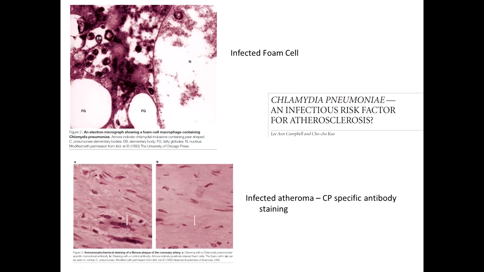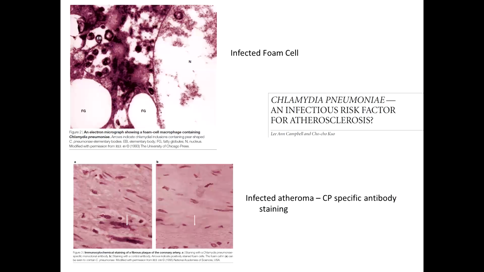Okay, so here you can actually see a foam cell, an infected foam cell on the upper left-hand side, and an EB body in there. Pretty interesting. And of course you can see the fat globules, that's what FG stands for, and the nucleus of the cell. So that's a really pretty foam cell. You can see the fat globules in it, and you can see the EB bodies, so it's infected with chlamydia.